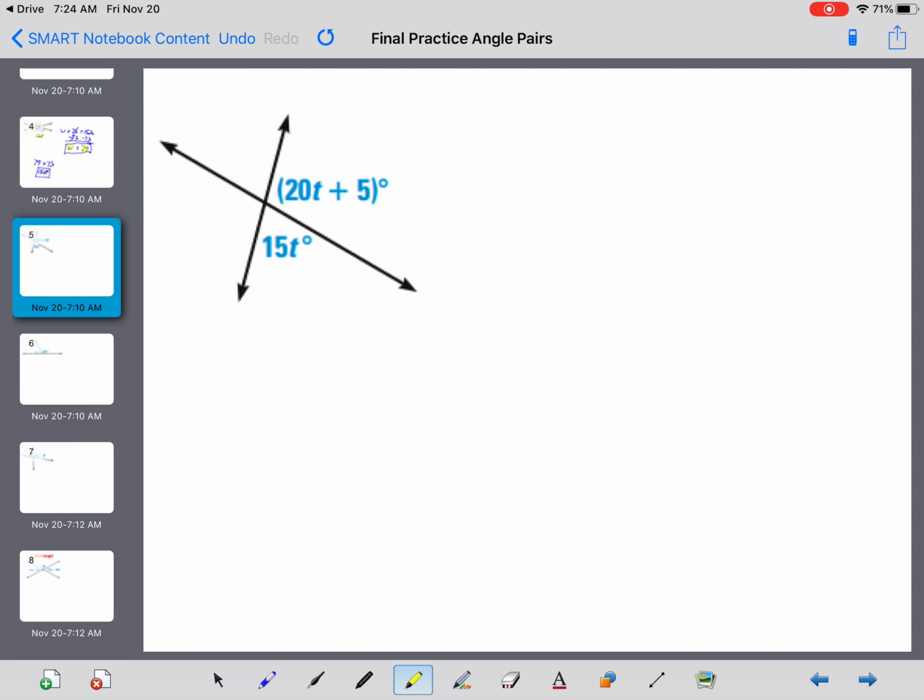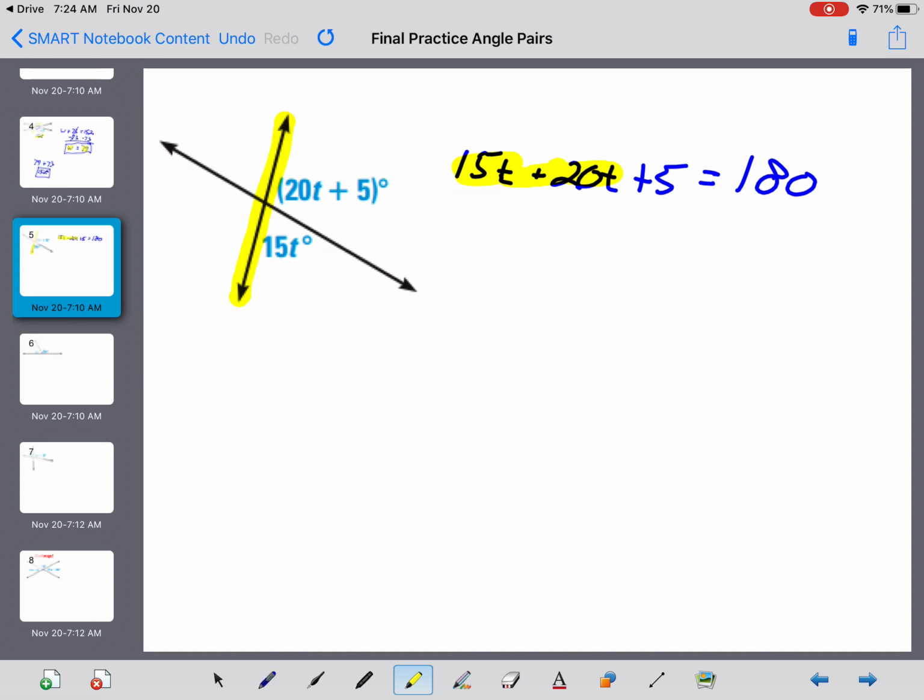Okay. Here, we don't have that bow tie effect anymore. We have two angles that create a straight line, a linear pair, okay? So we need to add those together. 15t plus 20t plus 5 is equal to 180, because linear pairs equal 180 degrees.